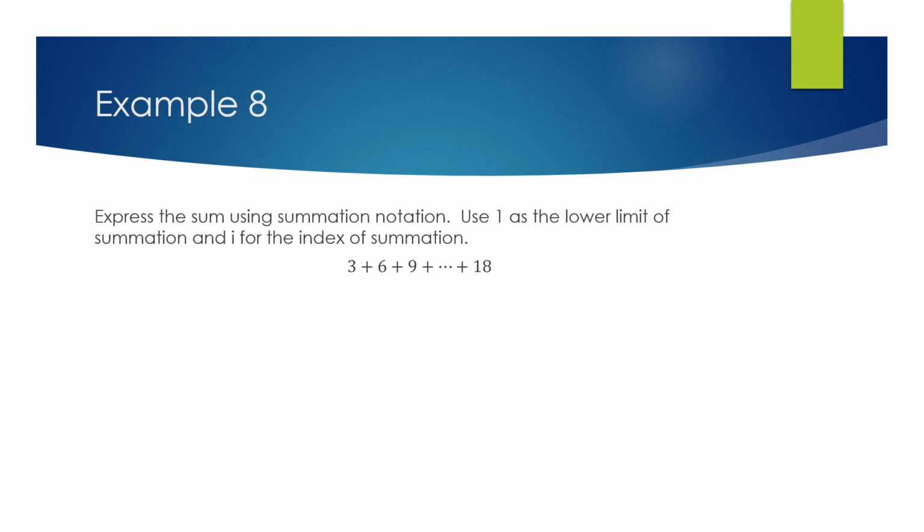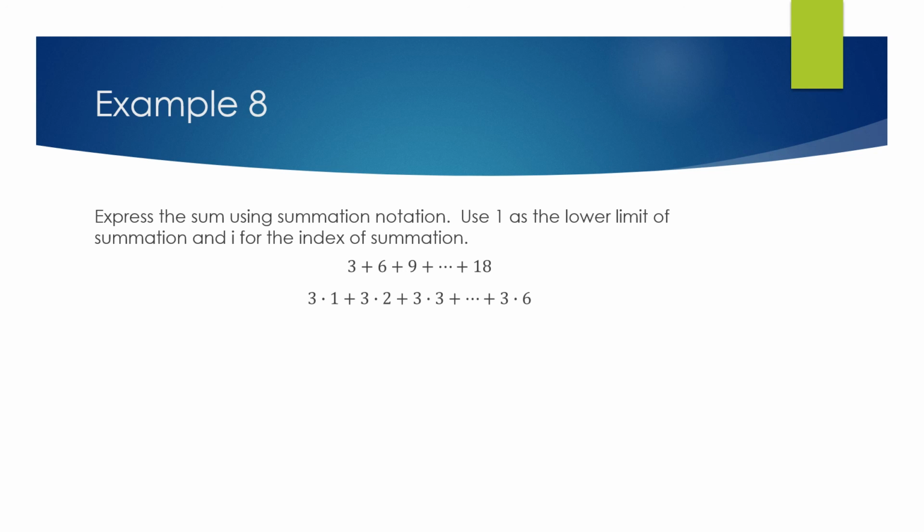Example 8. Express a sum using summation notation. Use 1 as the lower limit of summation and i for the index of summation. So we have 3, 6, 9, on and on and on. 3 plus 6 plus 9 plus on and on to 18. So I notice these are multiples of 3. 3 times 1, 3 times 2.